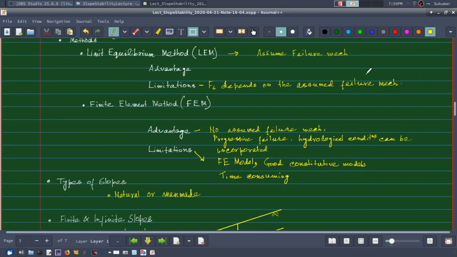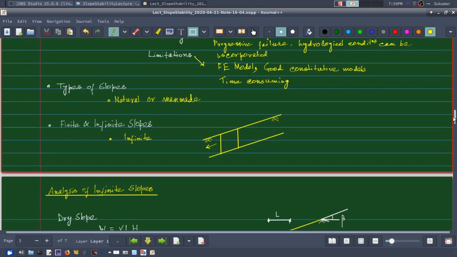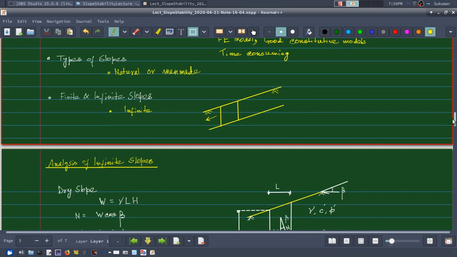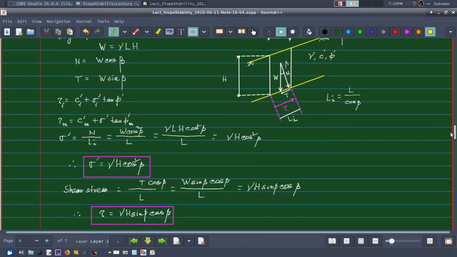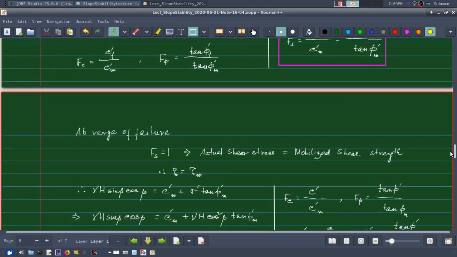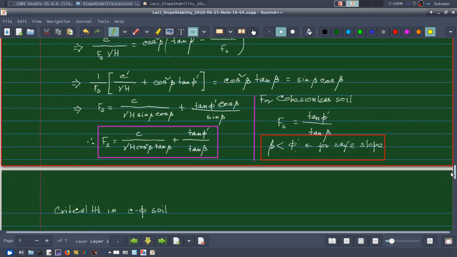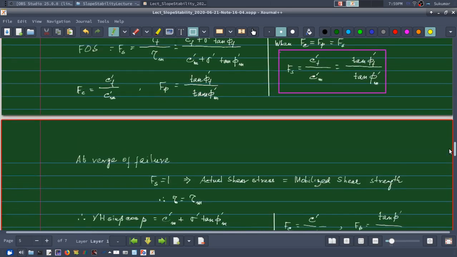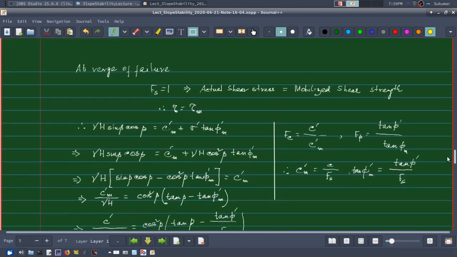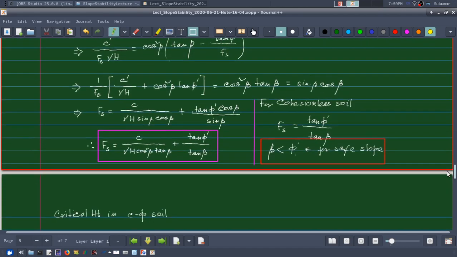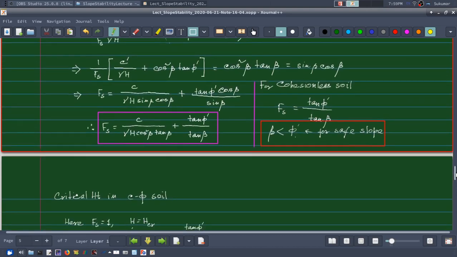We have seen their advantages and disadvantages, and we have classified the slopes into finite slopes and infinite slopes, and we have analyzed dry and submerged infinite slopes in c-phi soil, got the values of factor of safety, and for phi equal to 0 condition and cohesionless soil, how the factor of safety modifies, that also we have seen.